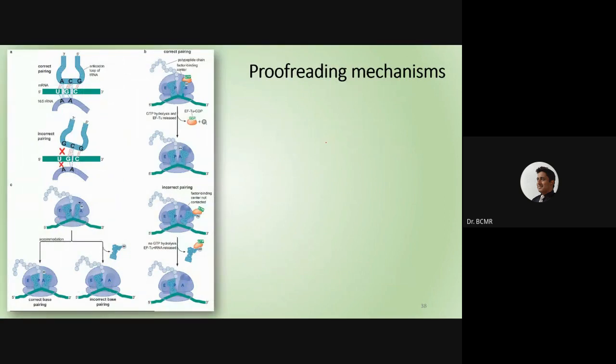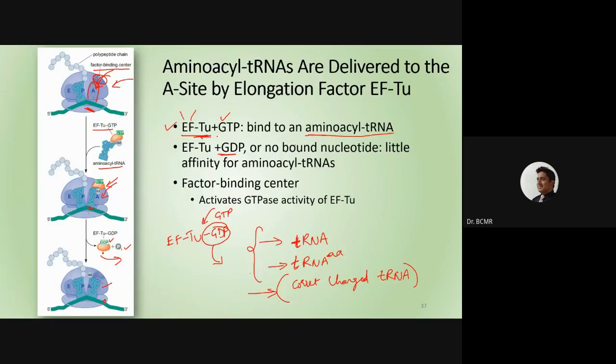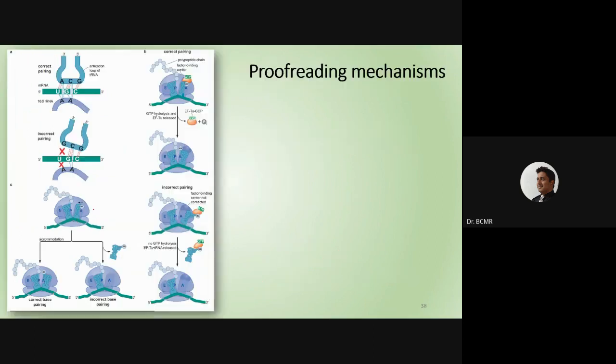So here are the proofreading mechanisms. When is the GTPase activity activated? As I was telling you, the interactions between codon and anticodon should be appropriate. All this we are discussing about elongation is in prokaryotes.